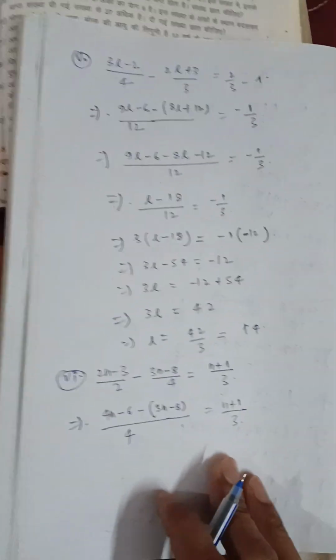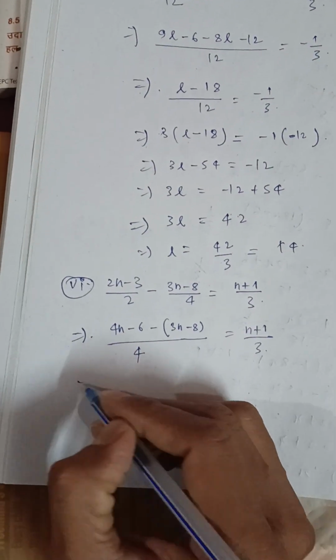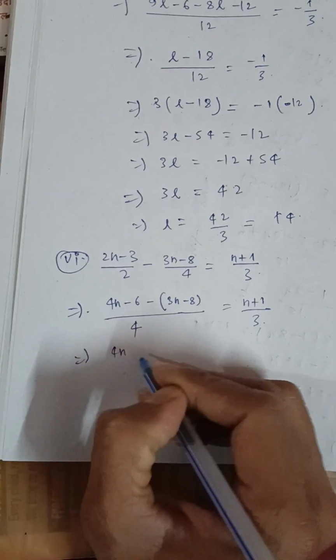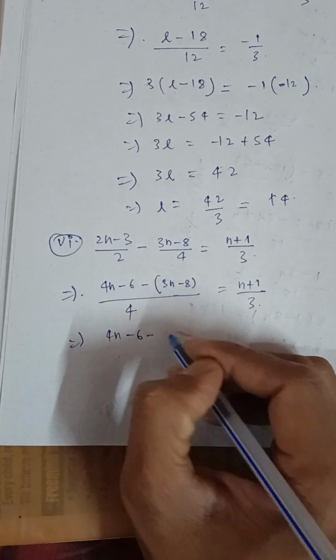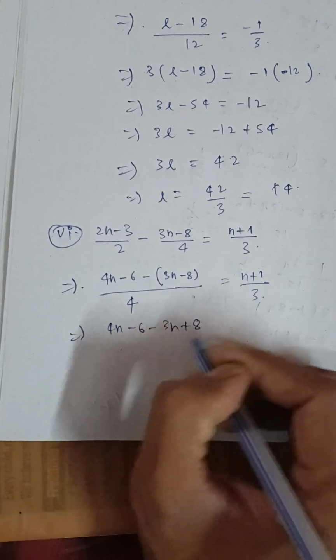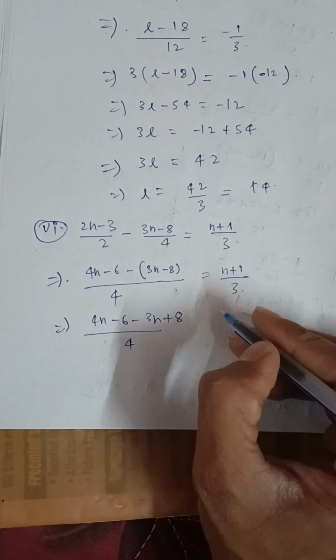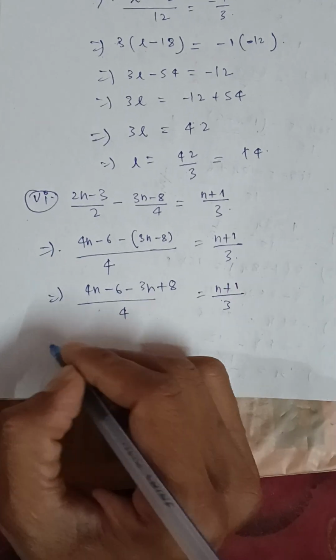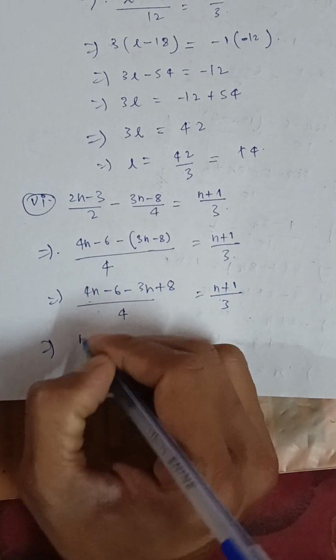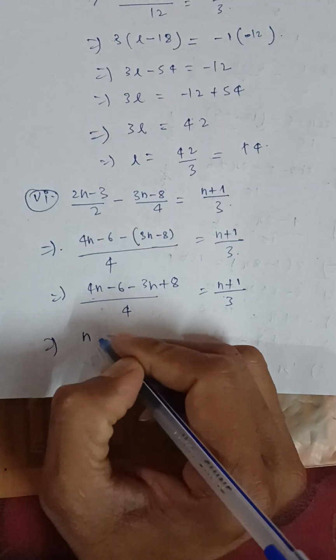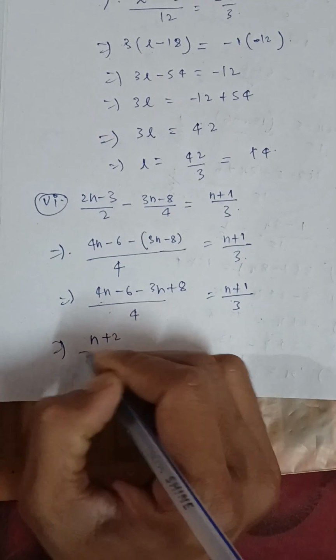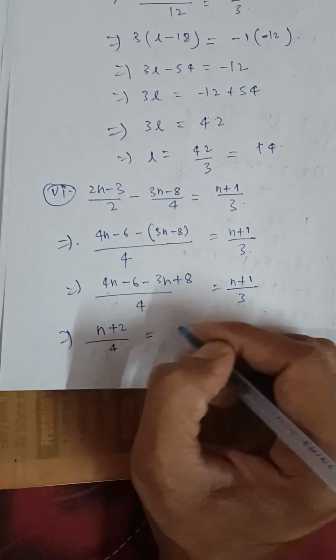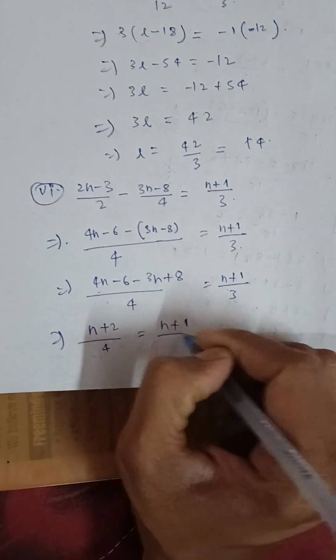So (4n minus 6 minus 3n plus 8) divided by 4 equals (n plus 1) divided by 3. 4n minus 3n equals n, and minus 6 plus 8 equals plus 2, so (n plus 2) divided by 4 equals (n plus 1) divided by 3.